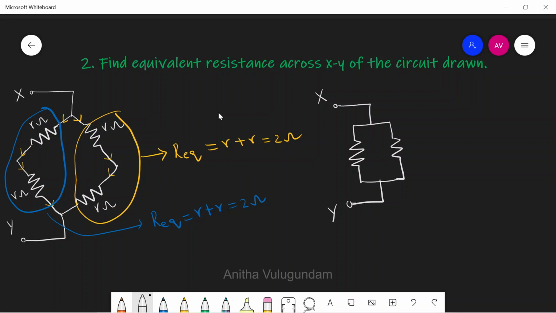X, Y. So here one is 2R ohms and another one is 2R ohms. This is 2R. This is 2R.